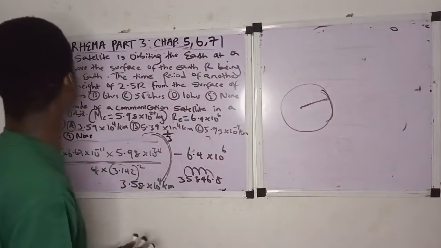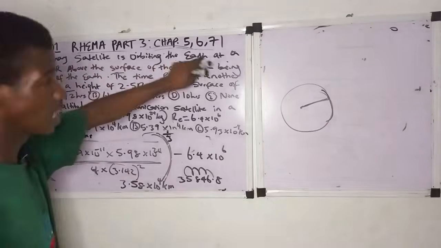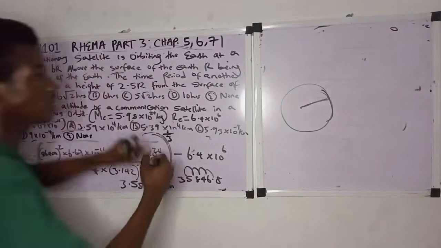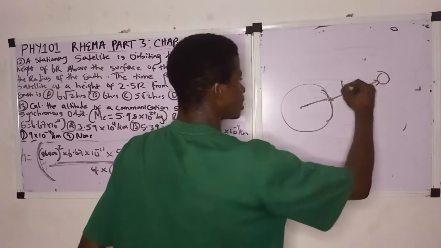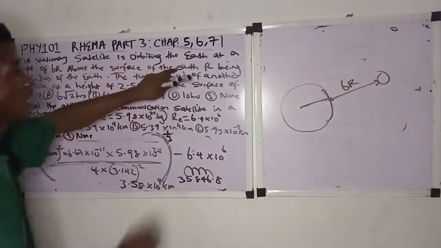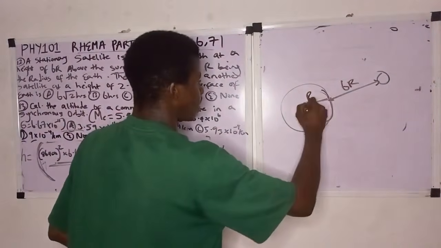So let's say this is the satellite. The height above the Earth's surface is 6R, with R being the radius of the Earth.